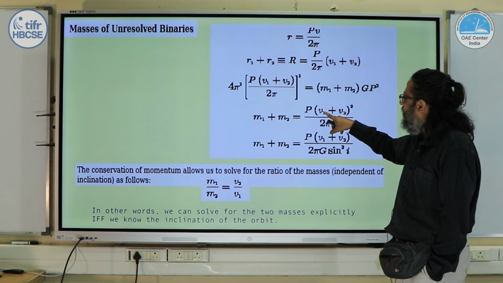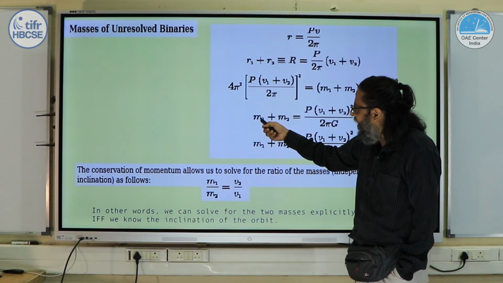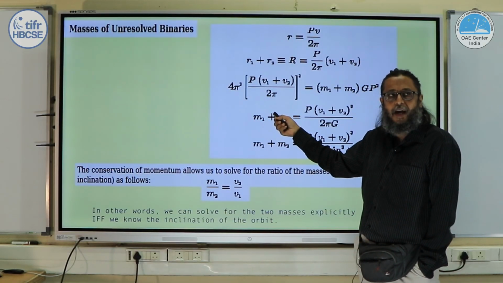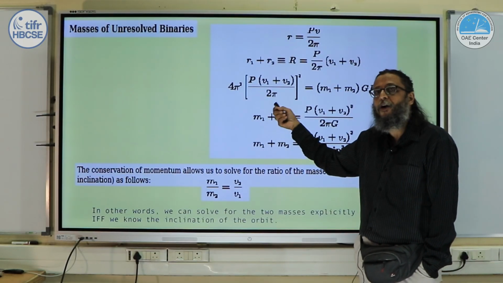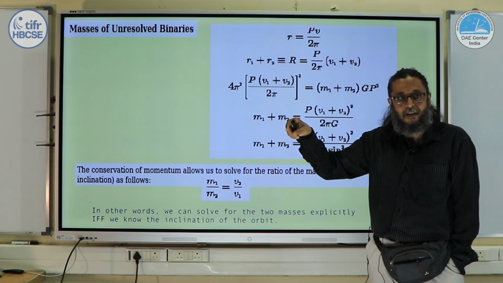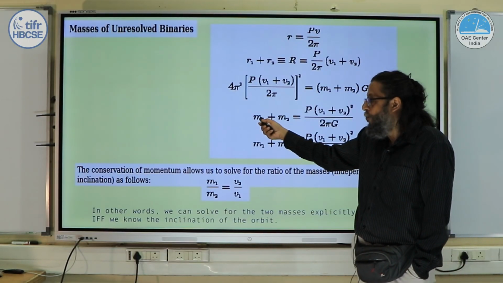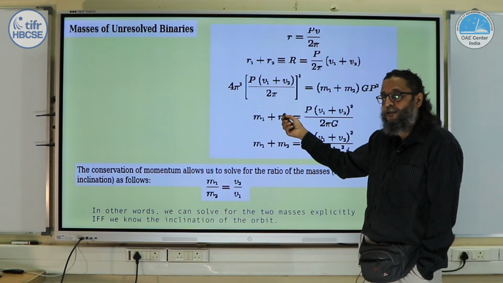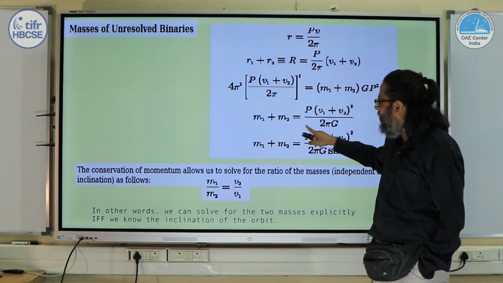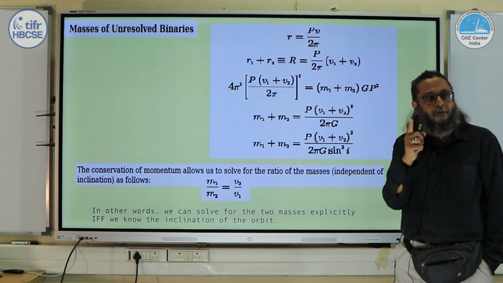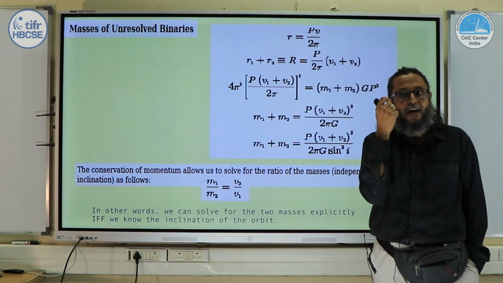When you know the velocities from the spectral measurement, then you have a handle on M1 and M2. And since you have already observed one particular star, say M1 or M2, and you know the classification from the spectral classification and HR diagram, then you know the mass of one, and you can infer the mass of the other. So, forget this for the time being, this is the important relation which you use when it comes to finding the mass of an unresolved binary star system.